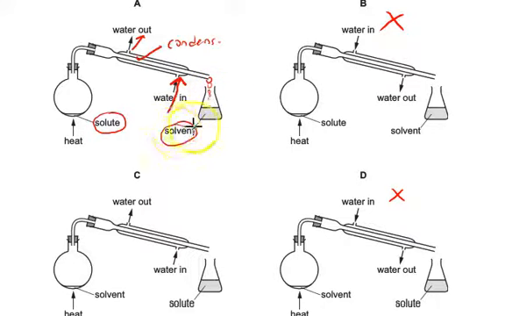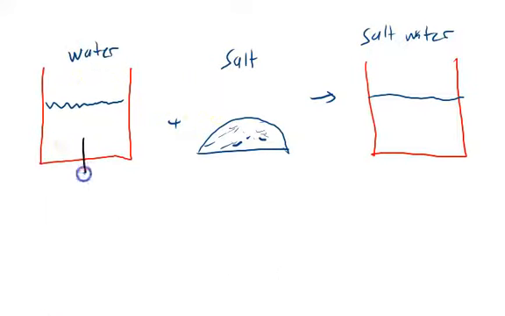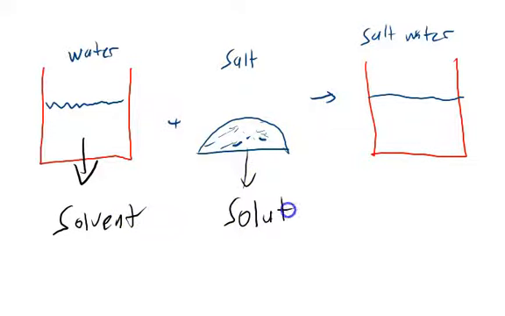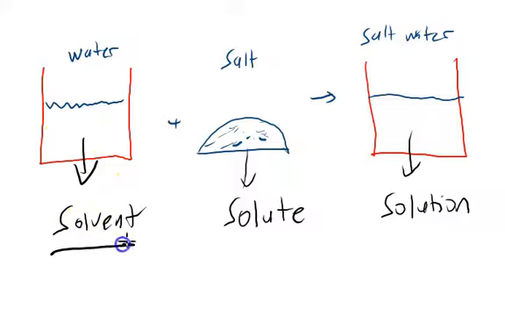So here should be the solvent and here should be the solute. The basic explanation is that water is called the solvent, the salt is called the solute, and the salt water is called the solution. So your answer here is only solvent or solute.